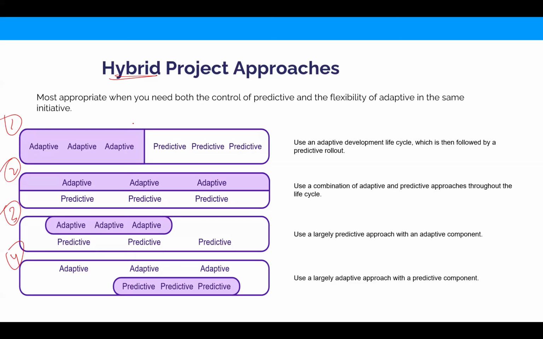Before that, one thing, when to use hybrid, any form. Hybrid is a good idea when there are some parts of the project which better be managed using predictive. We need certainty, better governance, good planning.